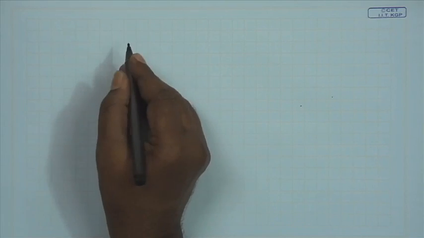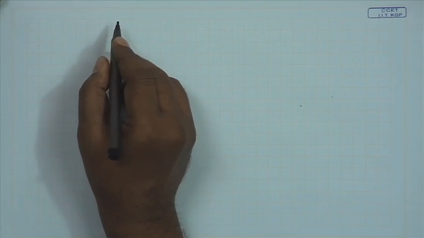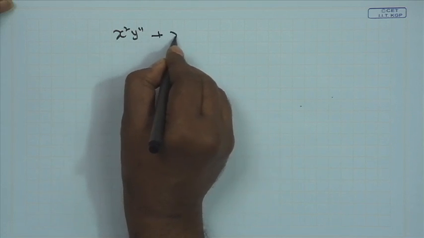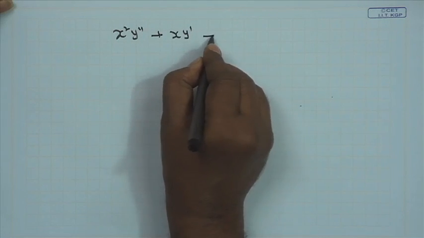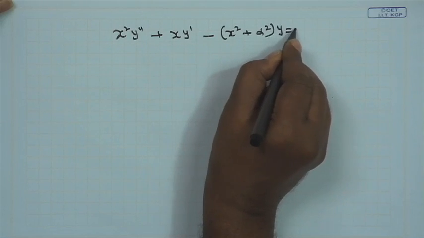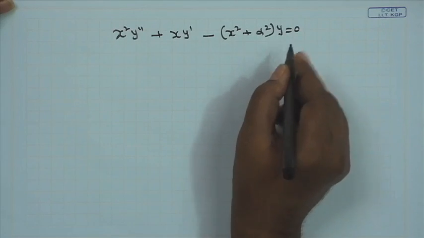Okay. So, next we will look into one more type of Bessel equation, x square y double prime plus x y prime minus (x square plus alpha square) y equal to 0.